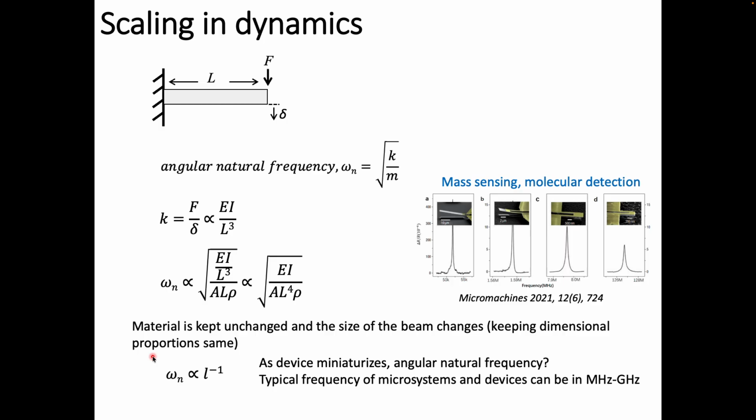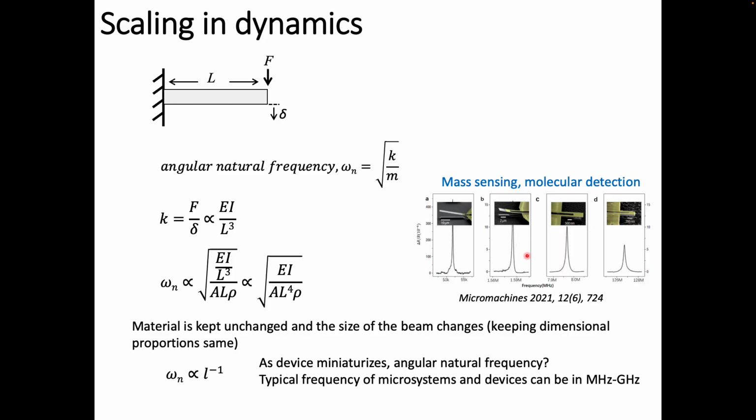As a device miniaturizes, the angular natural frequency increases, and the typical frequency of microsystems and micro devices can be quite large, in the megahertz and gigahertz range.